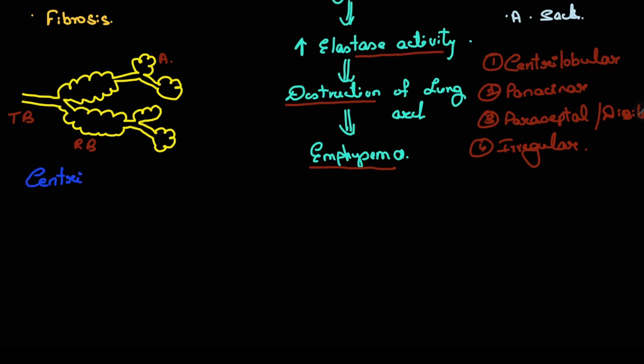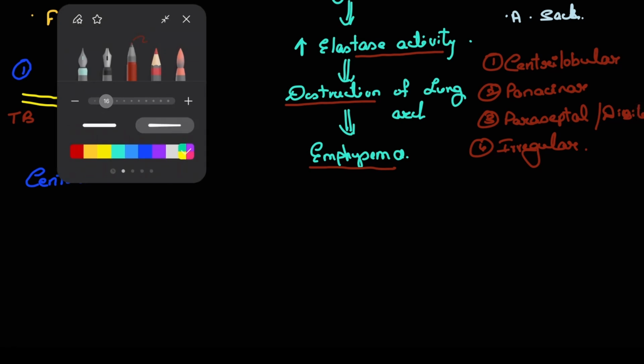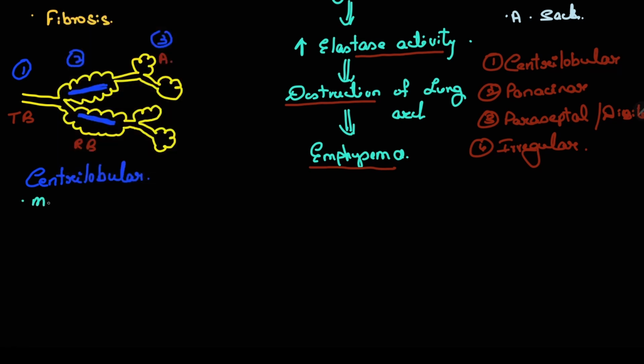So what is getting affected? In these three parts, what is the center one? So if we think that this is the first one, this is the second one, and this is the third one, this respiratory bronchiole is getting affected. So this is centrilobular. So the important points are, this is the most common one. Second point is, the area which is affected is nothing but the respiratory bronchiole.